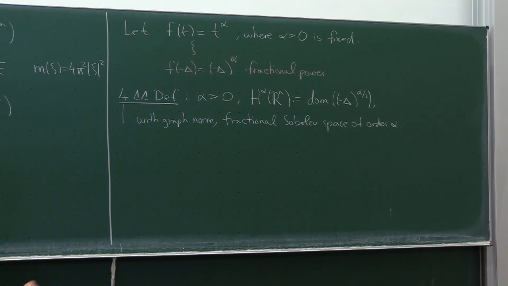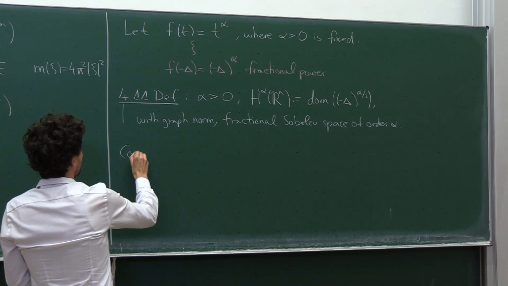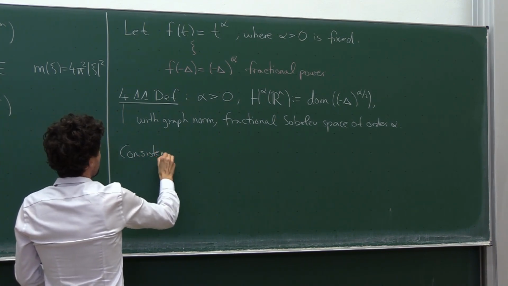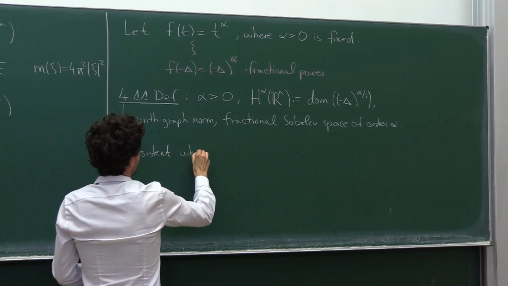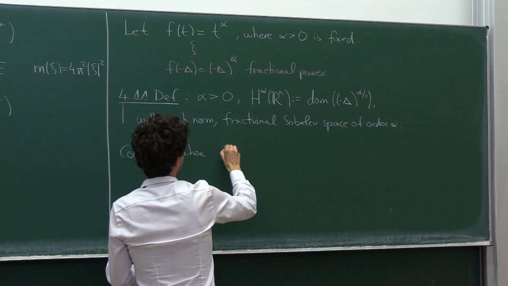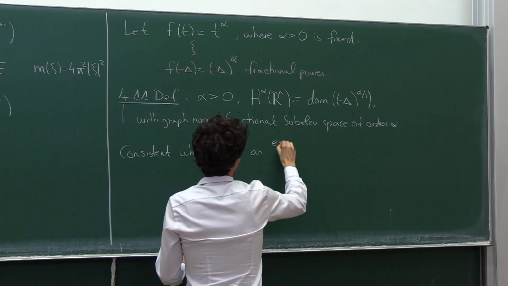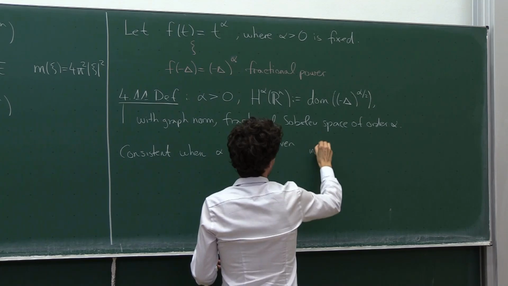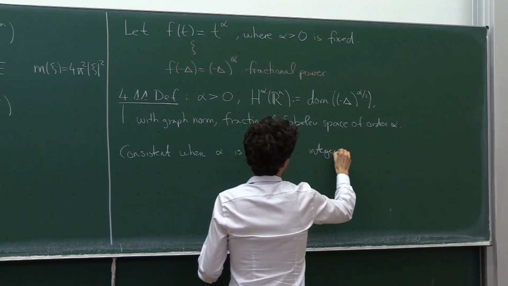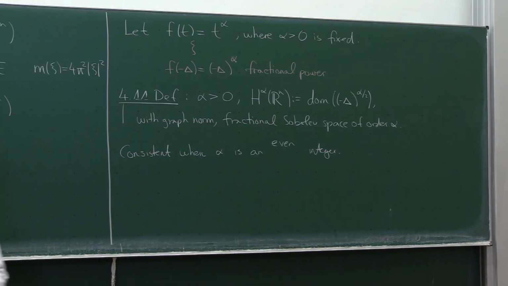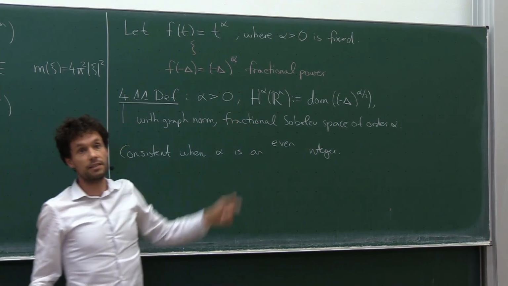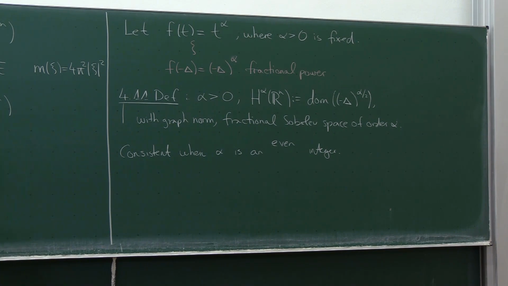Now, this notation is consistent when alpha is an even integer. Okay, when alpha is an even integer, notation is consistent in the sense that this guy is still the Sobolev space as we always know it.